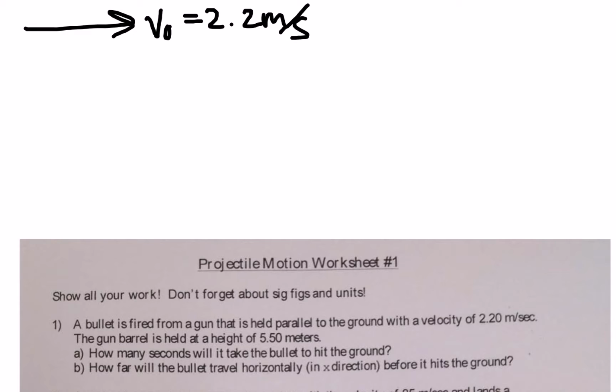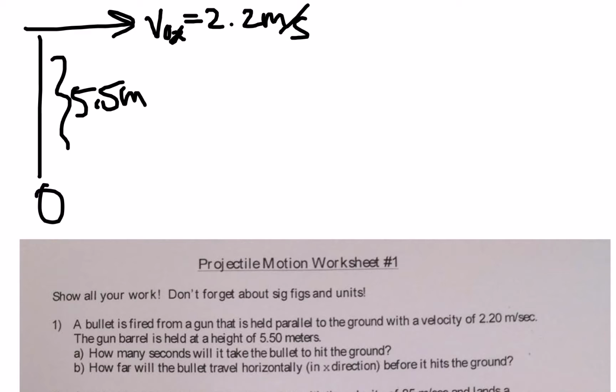And notice, since this is horizontal, this is only in the x direction, which is important to note. And we know that this gun barrel is 5.5 meters high. So now we want to do any triangles. You'll notice there are no triangles because there are no angles. Yay! So you don't have to break it up or do any sine or cosine.